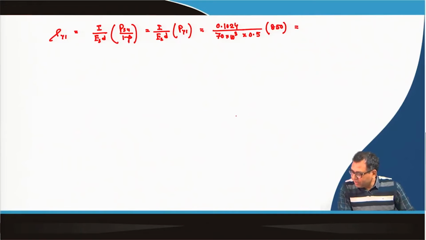So, at that point the settlement is 2.49, or roughly 2.5 millimeter.